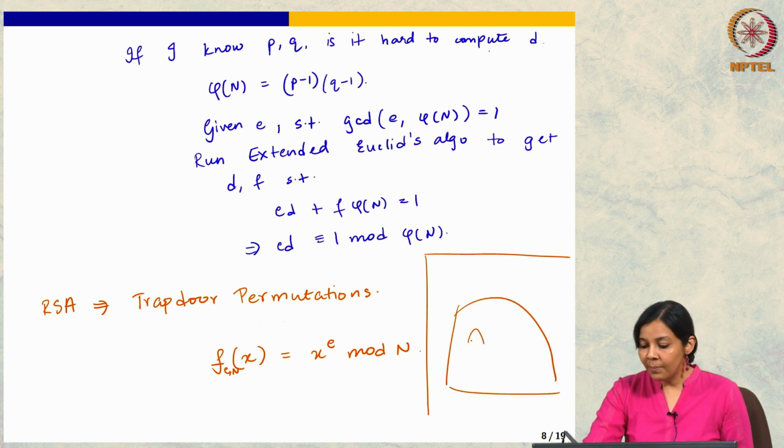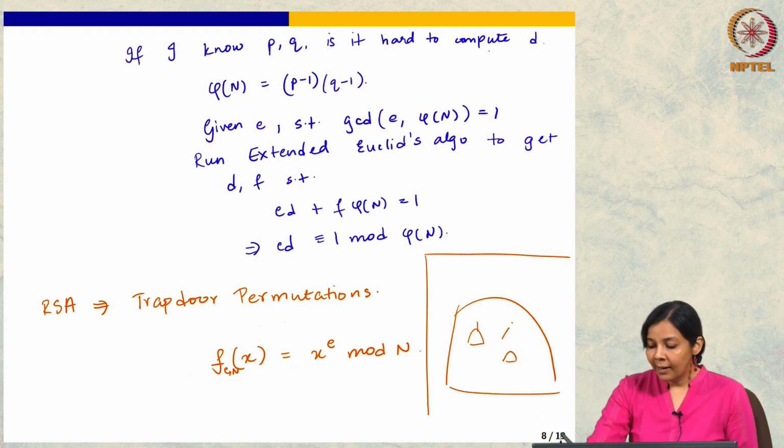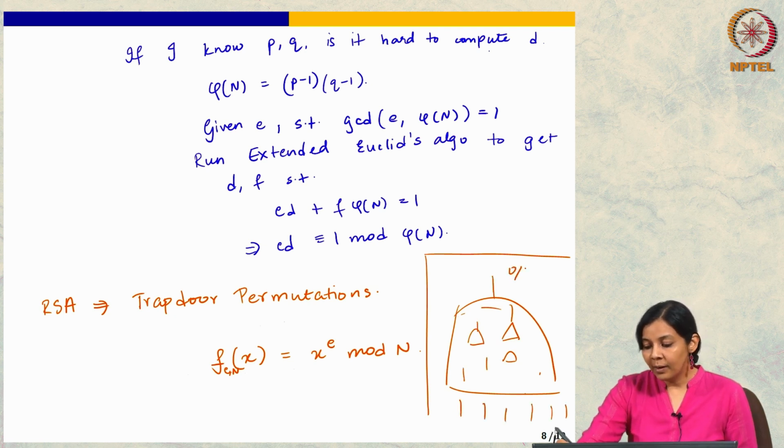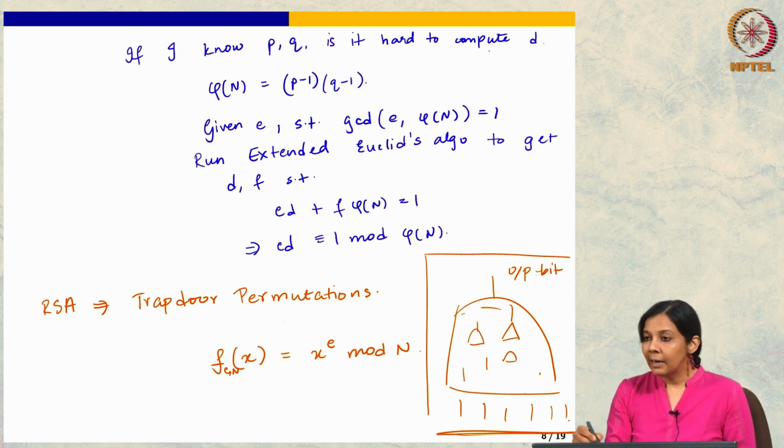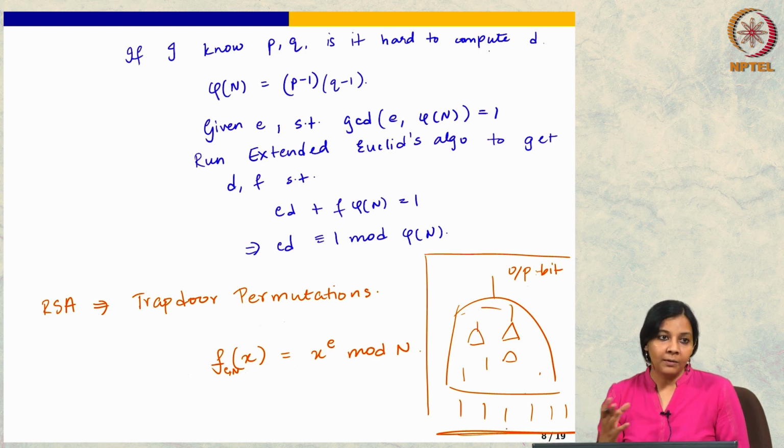If I give you a big circuit with various gates, lots of stuff going on, these are all the inputs, there is one output. Let us say the output is a bit. A basic question is, does there exist some input which gives me the output bit 1? This is the satisfiability problem, circuit SAT.